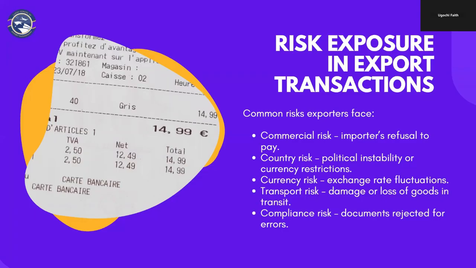Then we have risk exposure in export transactions. So we have common risks exporters face. Number one is commercial risk. The importer's refusal to pay. As funny as it sounds that an importer can refuse to pay, well, this really happens sometimes.